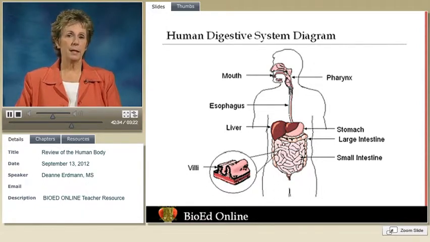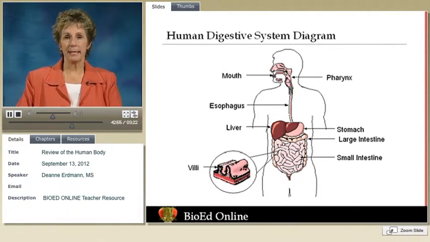From the stomach, the food is moved into the small intestine, and the small intestine is probably the most important part of the digestive system. This is where the completion of the digestion of the food, the breakdown of the nutrients, occurs, and this is also where it's absorbed through the walls and into the bloodstream. And while we already have about 21 feet of intestine, that's not nearly enough surface area.